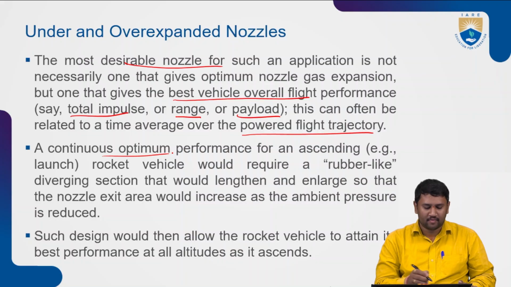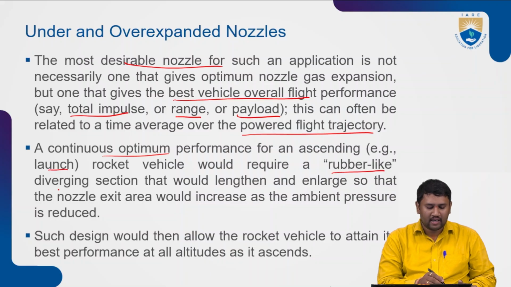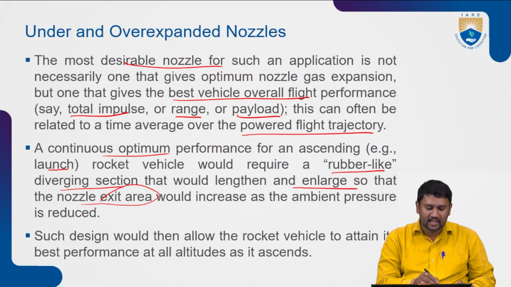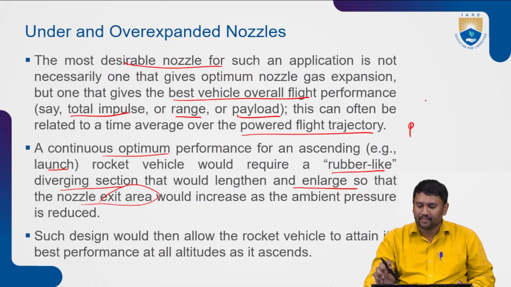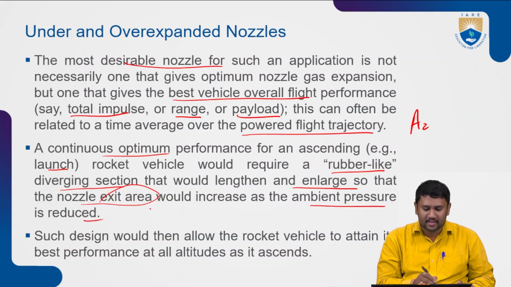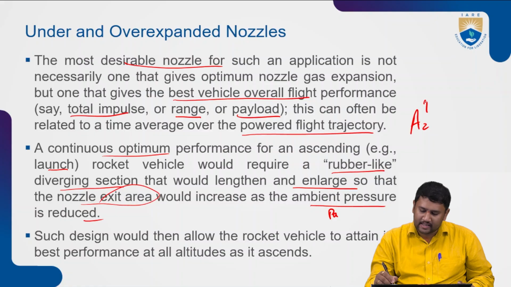and a continuous optimum performance for an ascending launch rocket would require a rubber-like diverging section which would lengthen or enlarge itself so that the nozzle exit area, that is A2, would increase as the ambient pressure, that is PA, decreases.